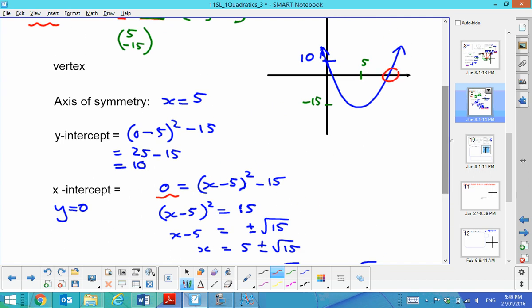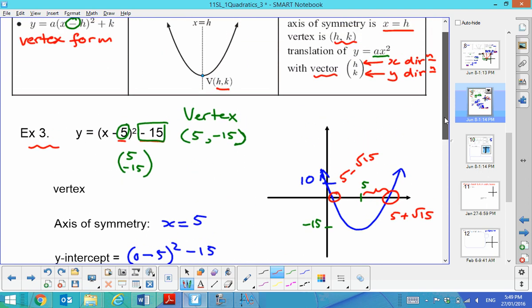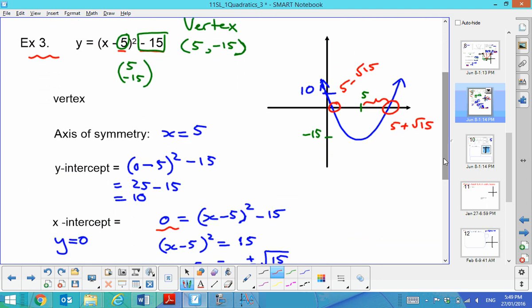Obviously, this is our 5 plus root 15, and this must be our 5 minus root 15. So this gap here, guess what, is root 15. All right, so that's a quick summary of our vertex form.